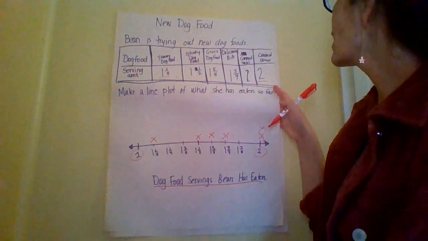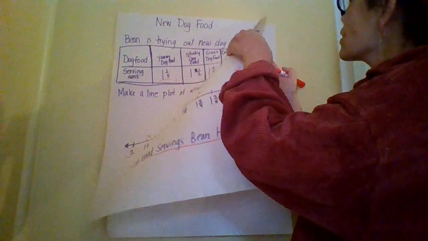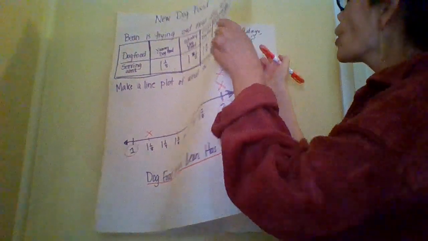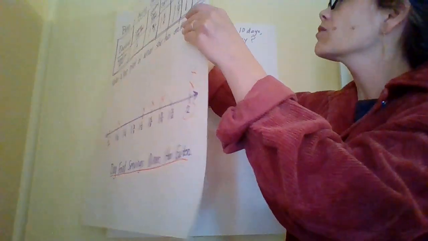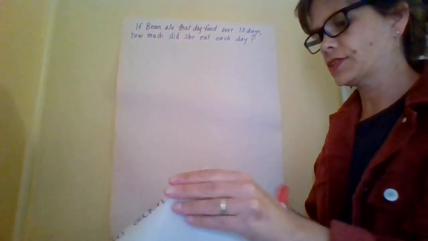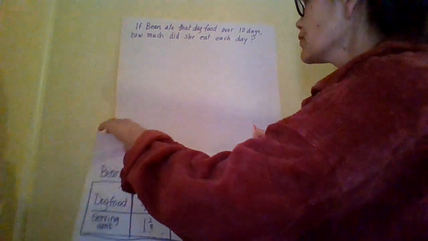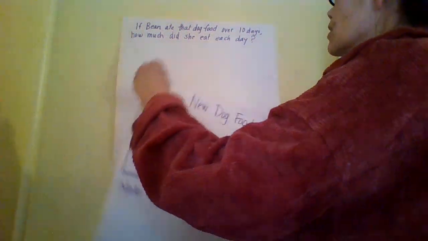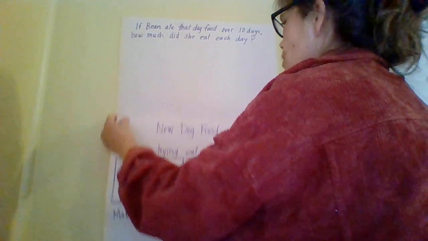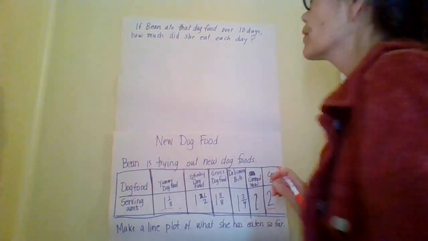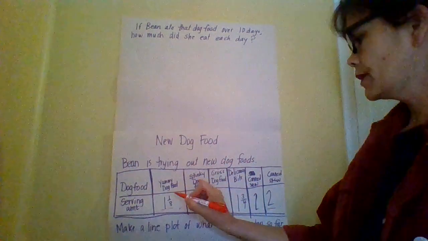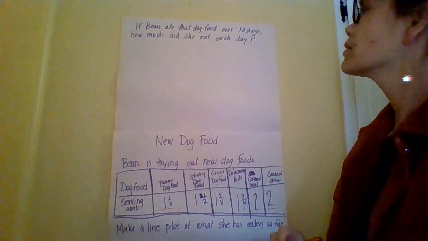And then the next thing that happens is that you get questions about that data. And one of the most common questions is something that asks you in some way to total up the amount in the entire line plot.